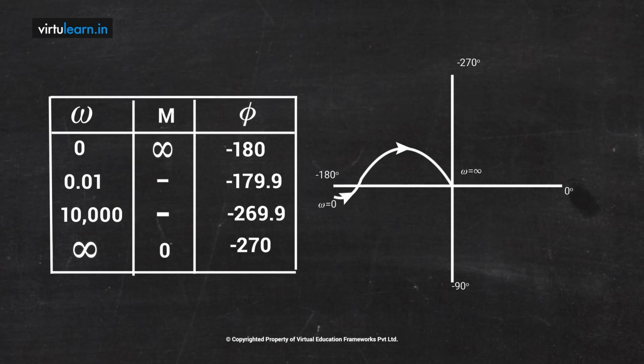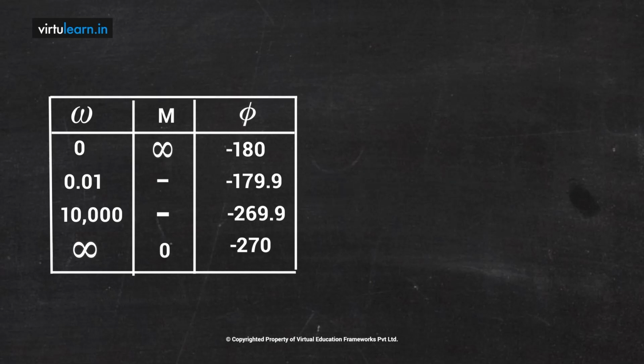If you have multiple omega PCs, you should take the positive values of omega, not the negative value or complex value of omega, when you are solving. You should take only positive values. How many such positive values you are getting gives how many times the polar plot is crossing the minus 180 degrees line.